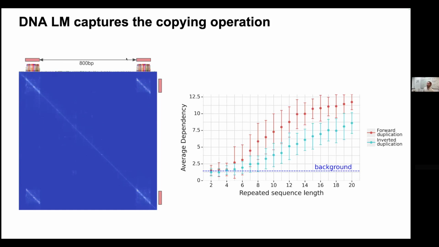And indeed, the model reconstructs them quite well and also highlights them as parallel dependencies. And the longer the repeat, the stronger the dependencies. And this also works for inverted duplications, so repeats which are the reverse complement of one another.